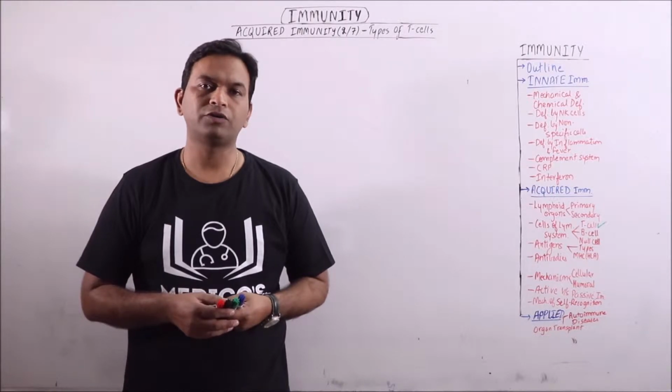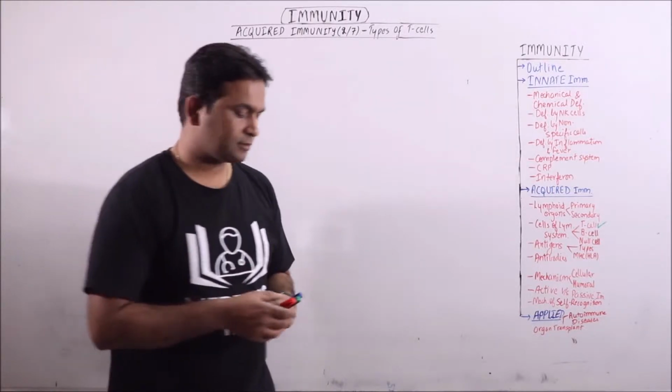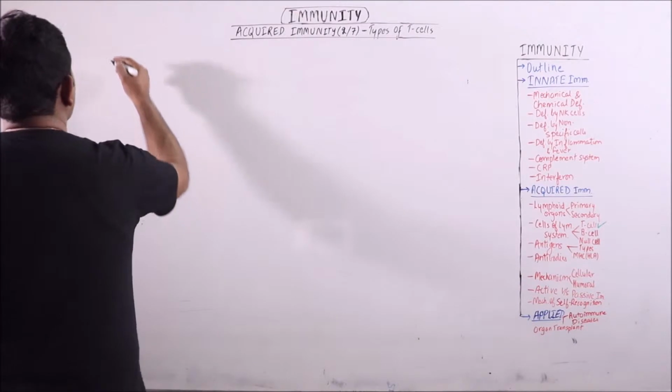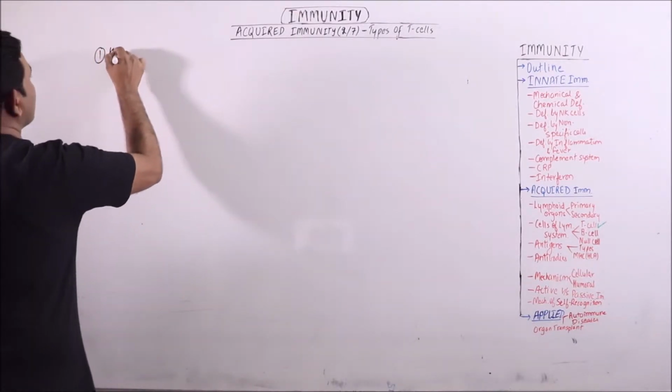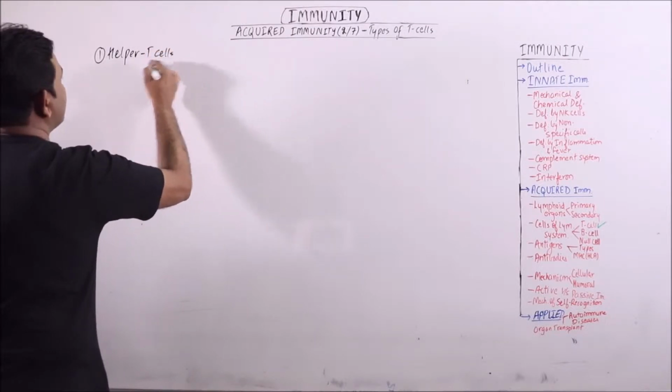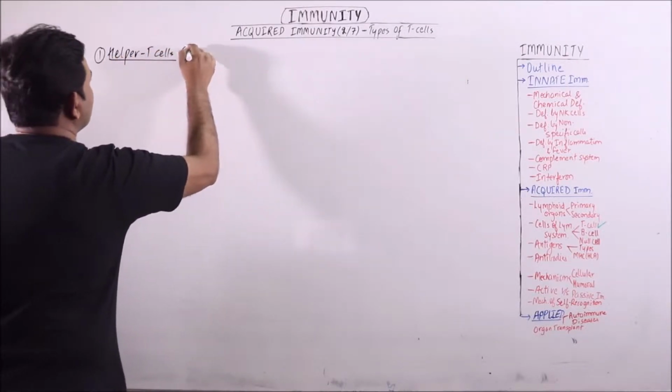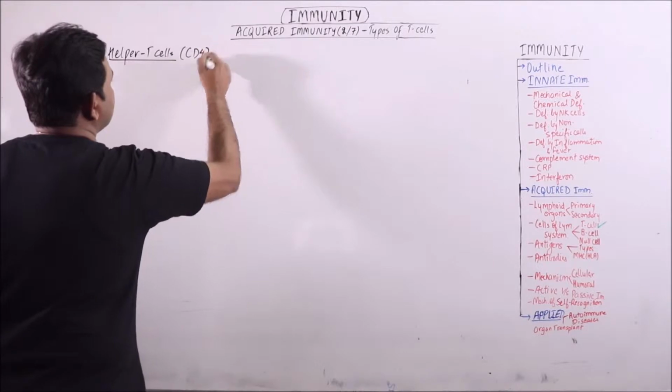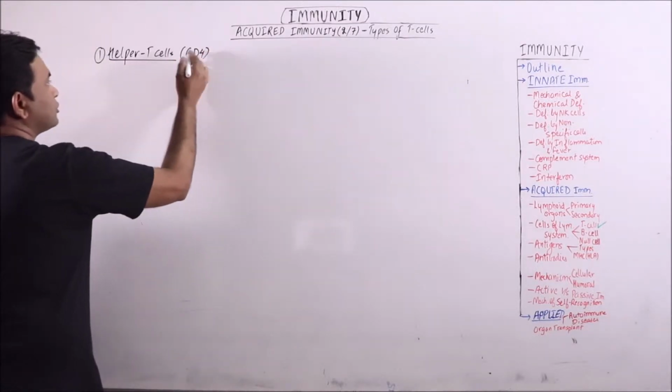In this video we are going to discuss the various types of T cells. First one is helper T cells. These are also known as CD4 cells or T4 cells.